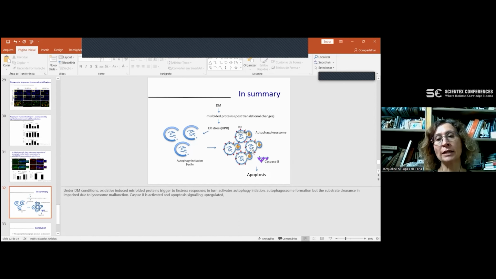There is a direct interaction with caspase 8, leading to higher apoptosis.